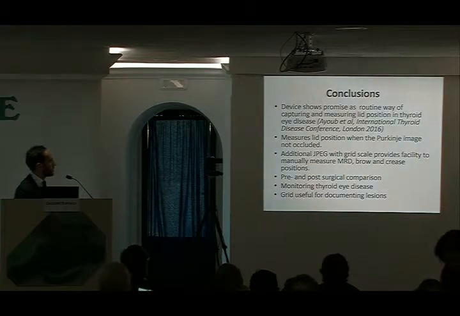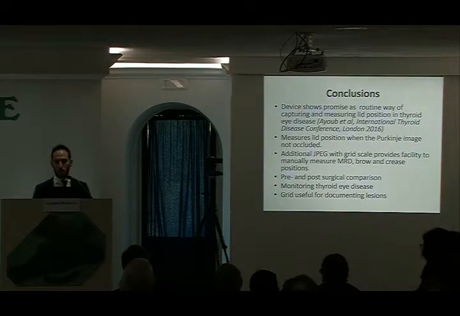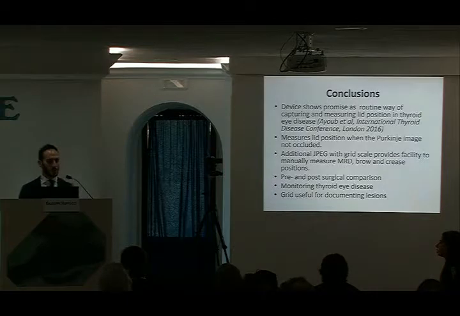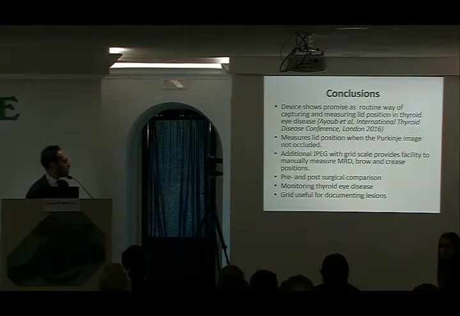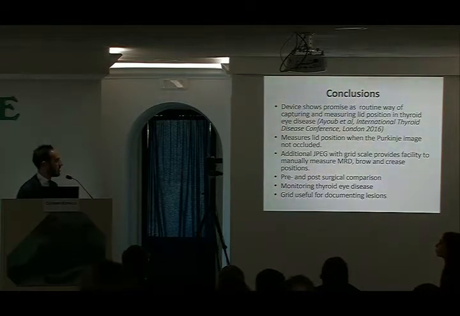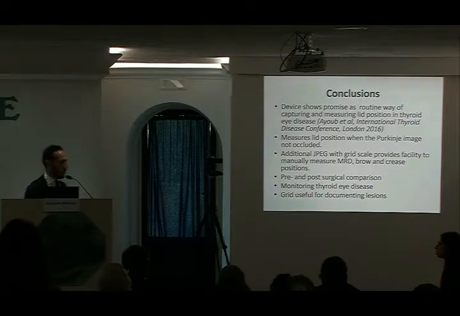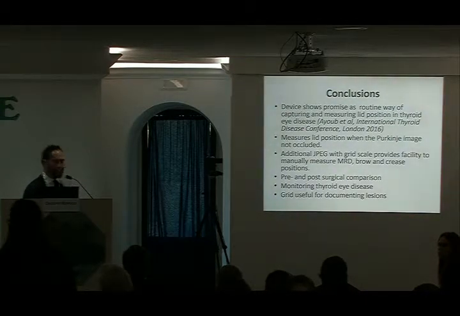In conclusion, what we can say is that the device is a very good routine way of capturing and measuring lid position, in thyroid eye disease, but also in any other kind of eye condition. We can precisely measure the lid position when the Purkinje image is not occluded, as I said. But thanks to the JPEG high-resolution photo plus the overlaid grid, we can easily manually measure all the other features.